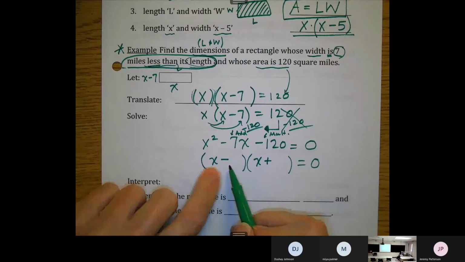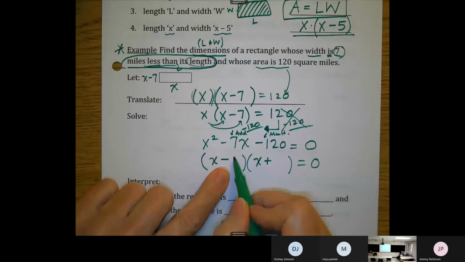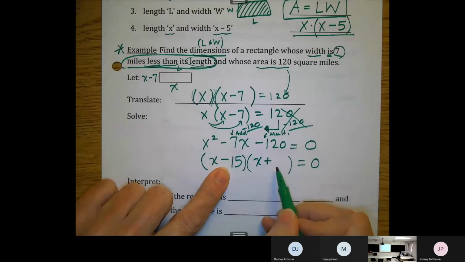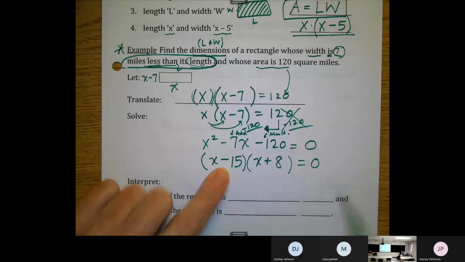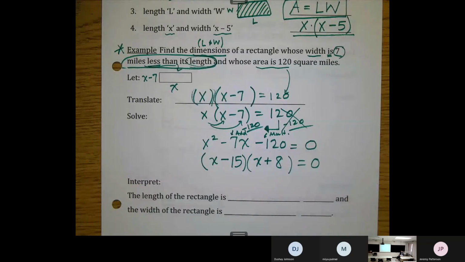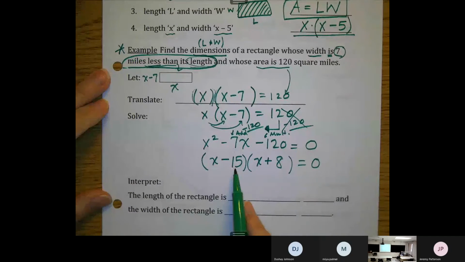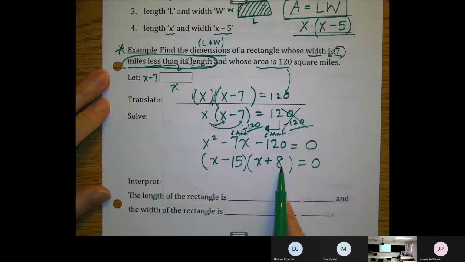15 and 8, which one should be with the minus? X minus 15, that would make the 7 negative, and X plus 8. So give everybody a second to check and see if they like the looks of that. 15 and 8.